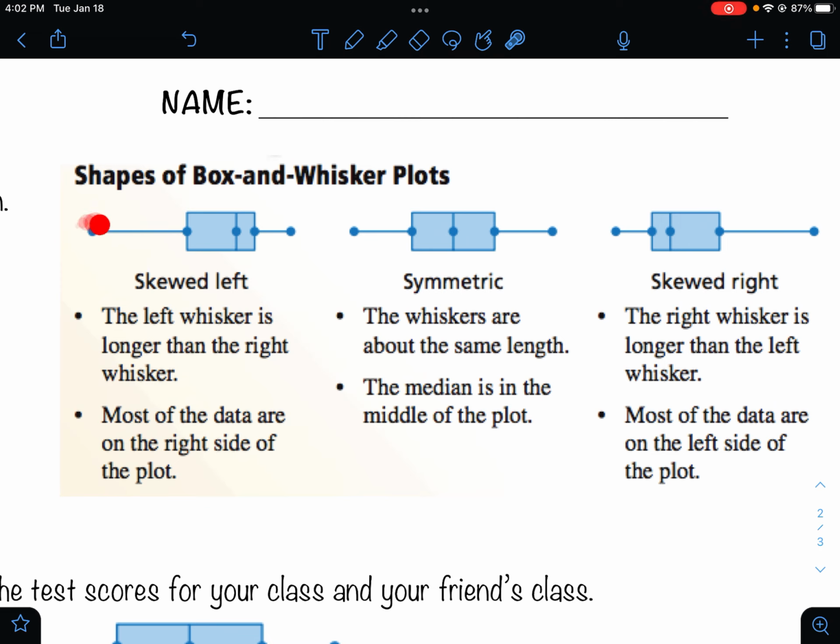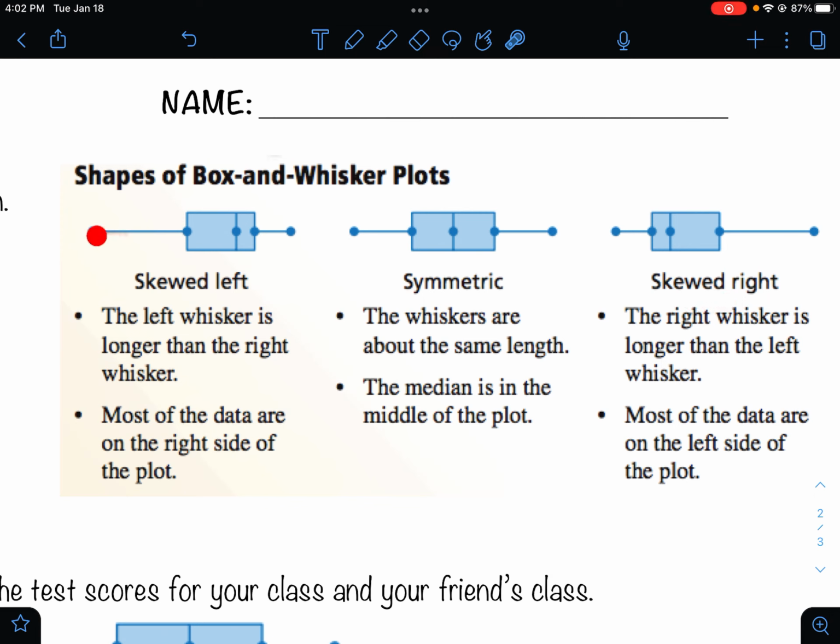The data gets skewed by really, really low numbers or really, really high numbers. If everyone in the class had like an 80% on a test, but then one kid had a 20% on the test, that really, really low number is going to skew my data to the left. And vice versa, if everybody scored really, really low and there was one kid that scored really, really high, it's going to skew the data to the right.